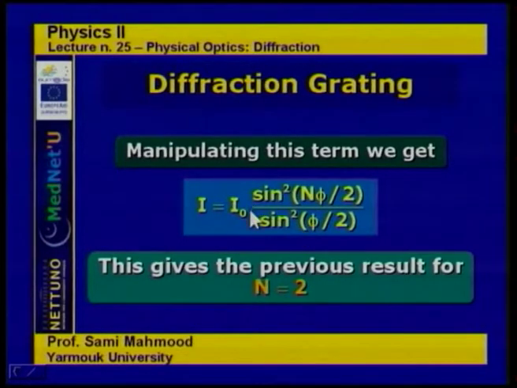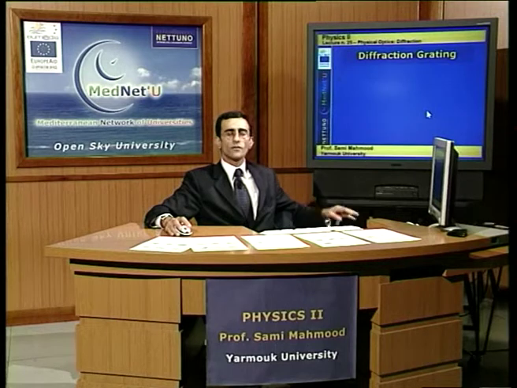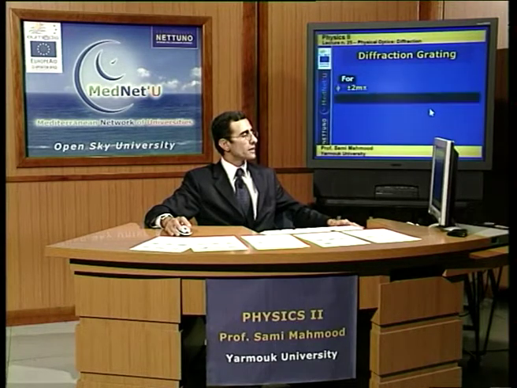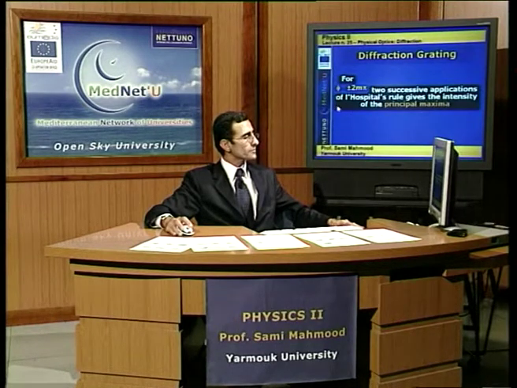We will get this factor 1 over 2 squared, that's 1 over 4, which will give us 4. So I is equal to 4 I naught, as we obtained in Young's double slit experiment.